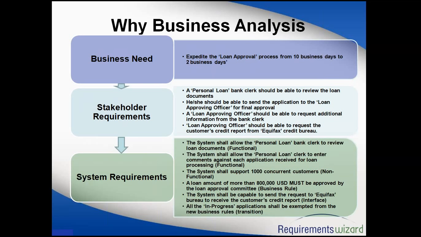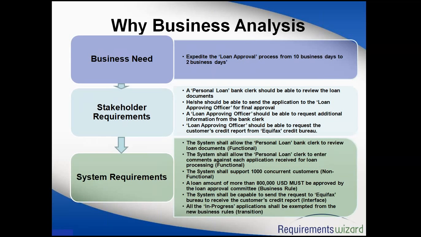Do you let them process using the old mechanism, or do you enforce the new rules and new requirements on it? So the management may say, or the stakeholders may say, okay, you know what, let's exempt those. Let them go through the old mechanism.